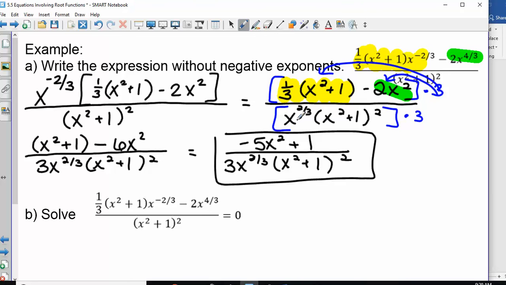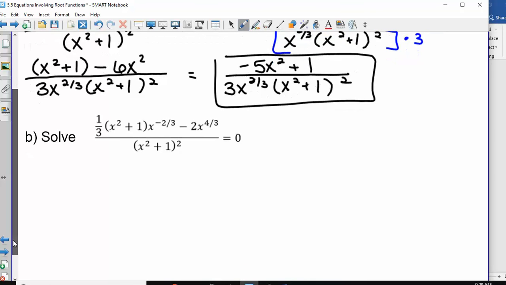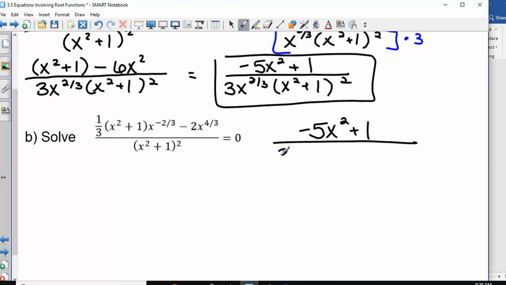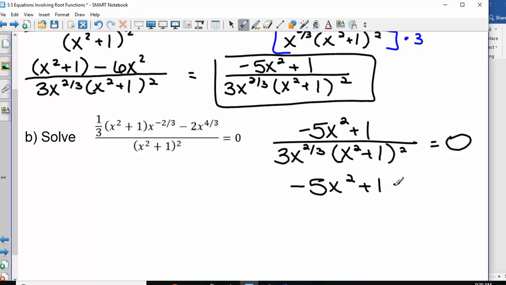Part B, I'm asking you to find out when it's 0. So you really just have to think about when your answer from part A is equal to 0. So the first thing you would do is multiply over the denominator, and what happens to it? Cancel, yeah. So I could add over my 5x squared, divide by 5.